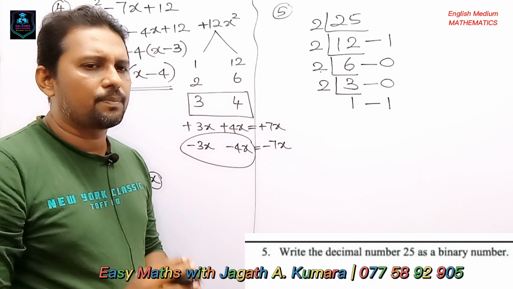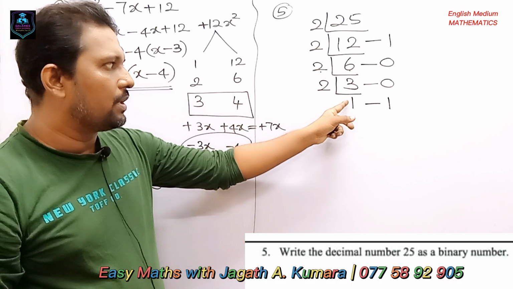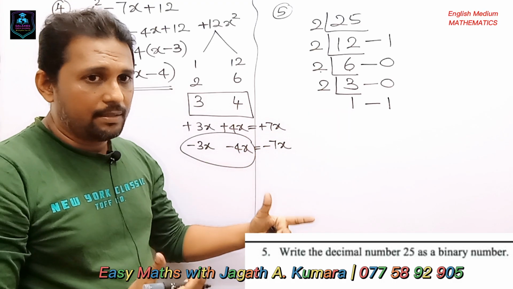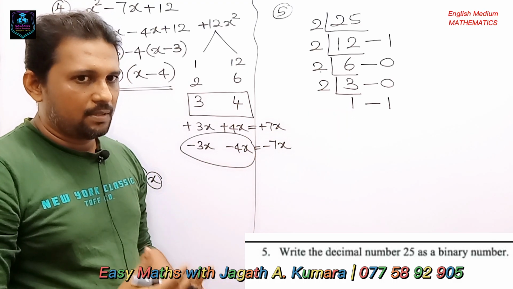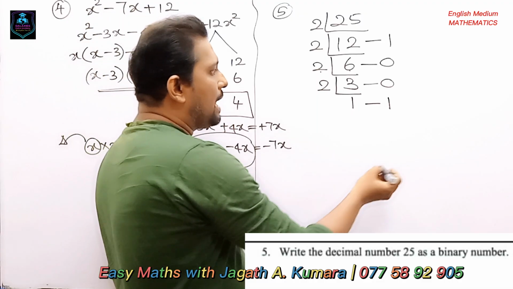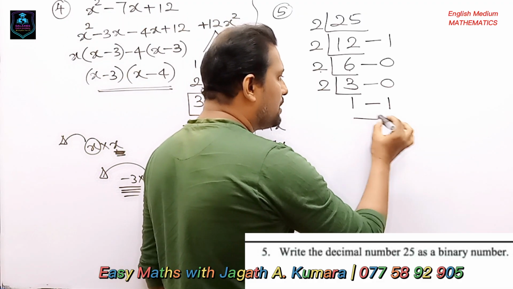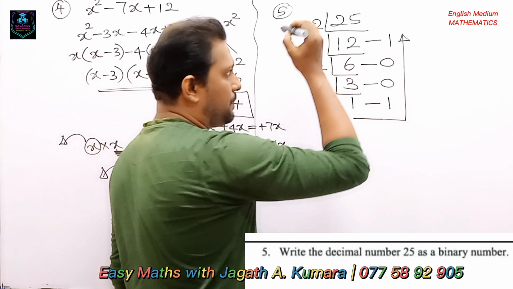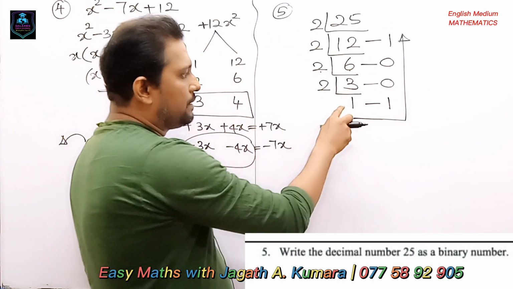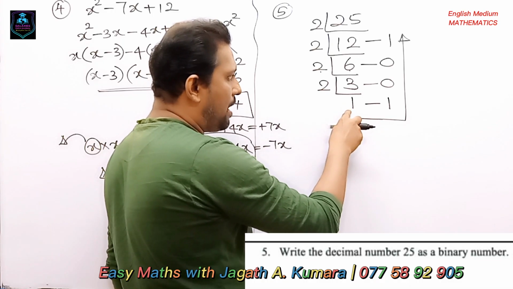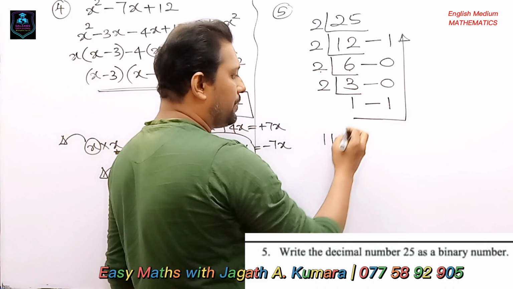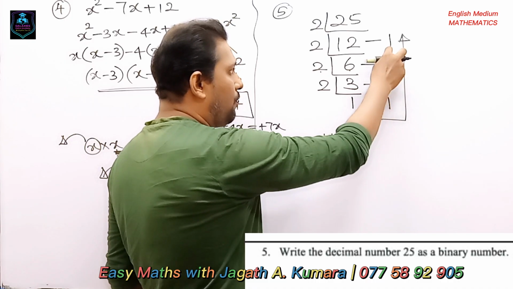Now you can stop your division, no? Because we got the final value as 1. So you can stop your division. Now you have to write the remaining values from here to this position, right? What are the remaining values? 1, 1, 0, 0, 1.